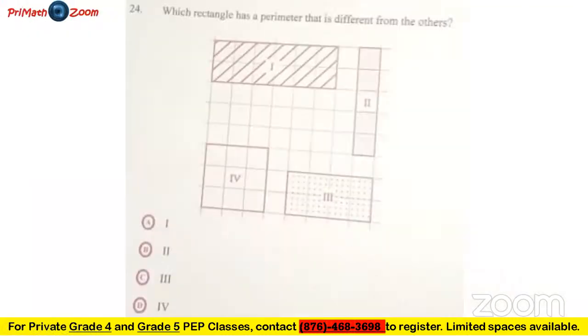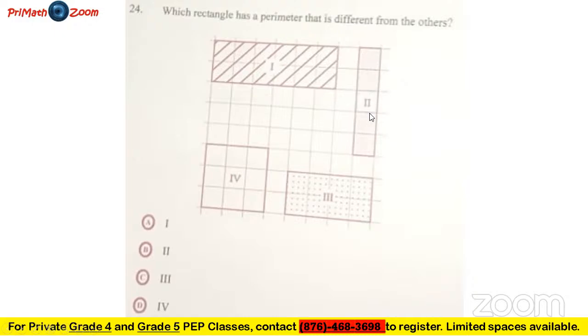Which rectangle has a perimeter that is different from the others? So let's look at the perimeter of 1. Counting around, we get 16 units as the perimeter. For 2, we have 1, 2, 3, 4, 5, 10, 11, 12. So for 2, it would be 12.